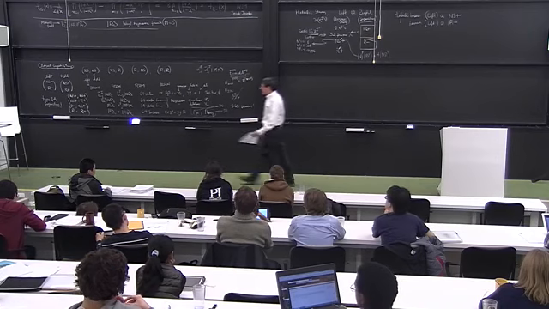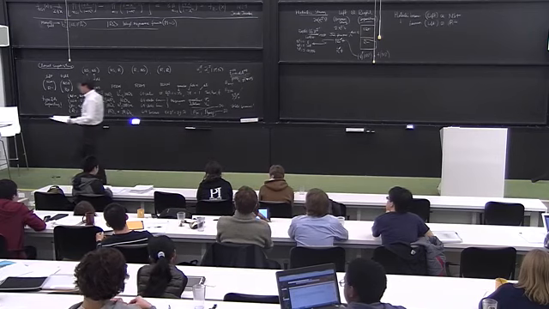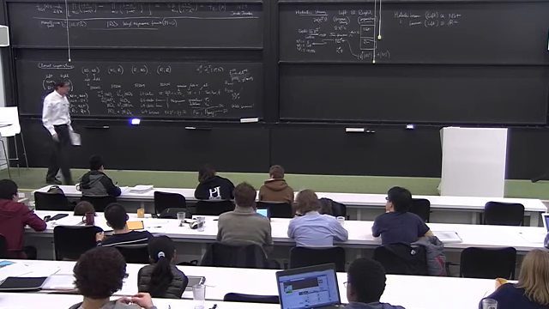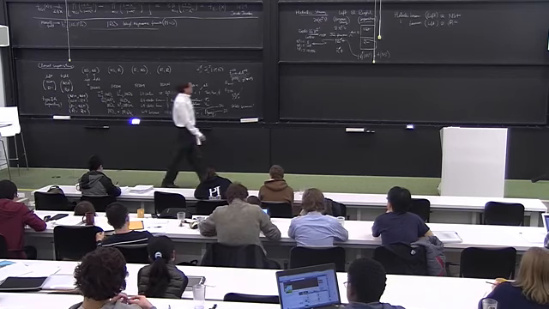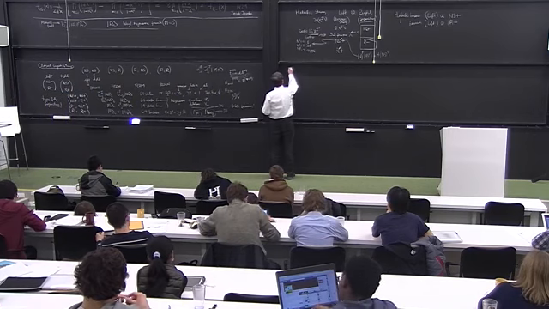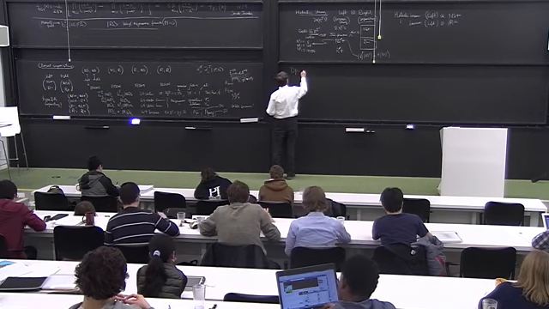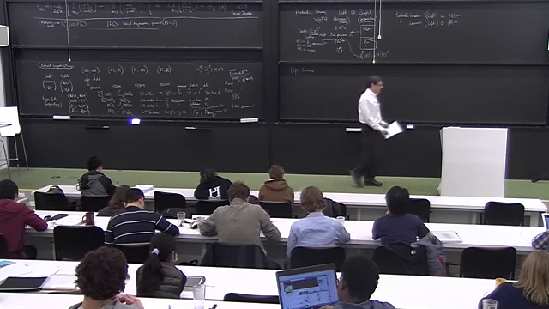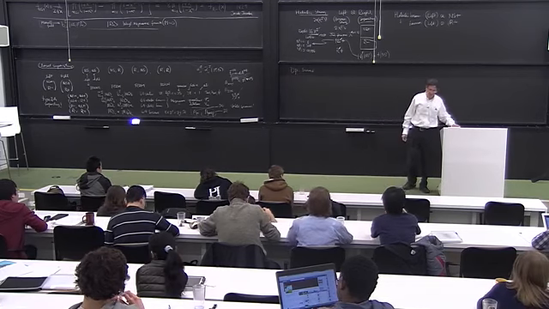Okay, so last thing, I want to tell you something about D-branes. Happily, we know enough that this is not complicated. A Dp brane. What is a Dp brane? It's a brane that has p spatial dimensions.